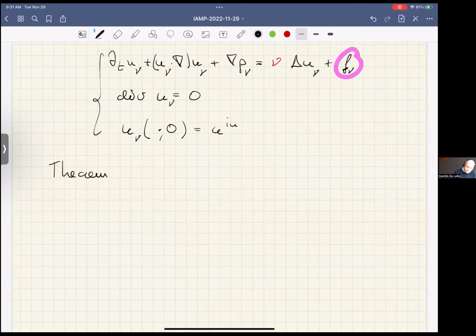Okay, so here's the theorem. The theorem says, for every epsilon bigger than 0, I'm able to find an initial data which is fixed. So this one is nu independent.